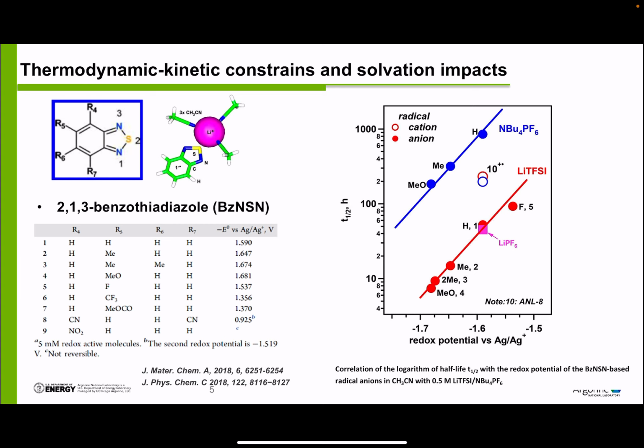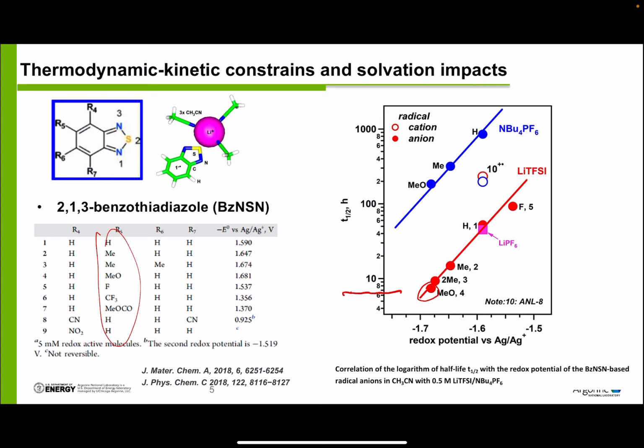In the past, we tried to derivatize this molecule by incorporating different substitutions. But when we tested these molecules, we observed that those low potential derivatives, which is what we desire, also have very, very short lifetimes measured by EPR spectroscopy.